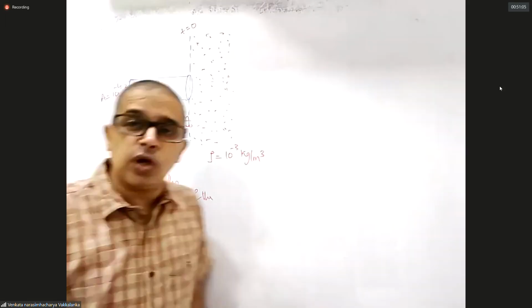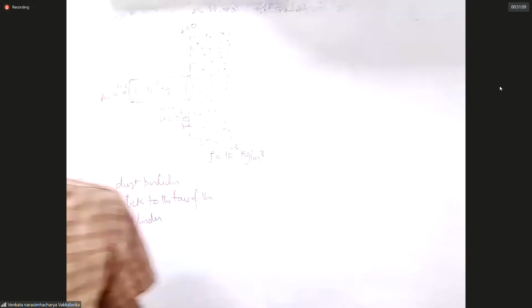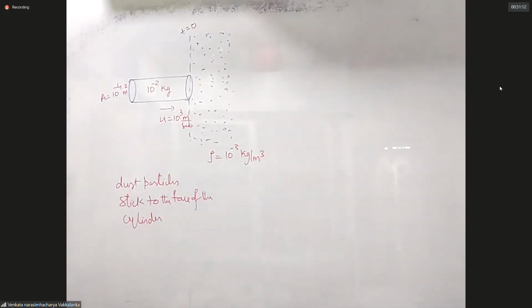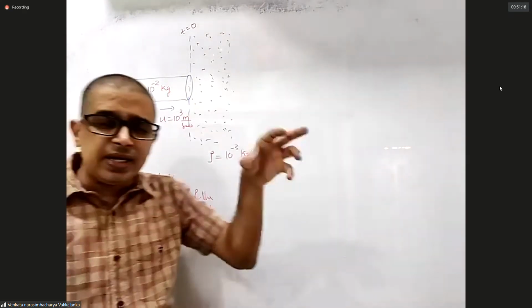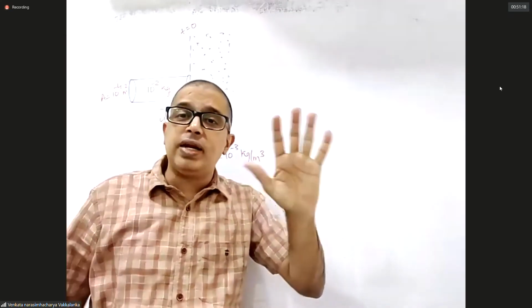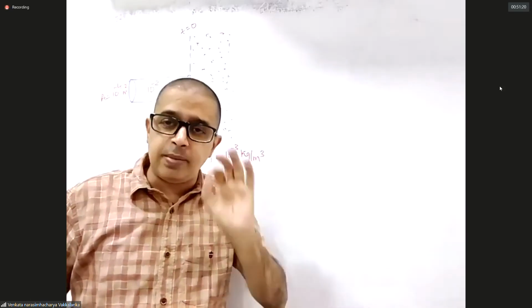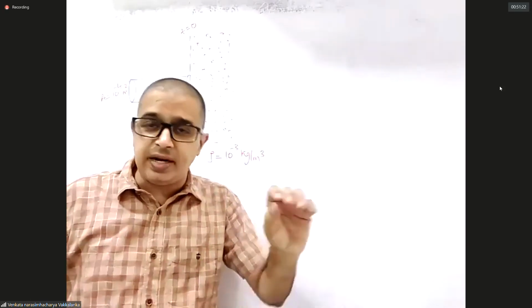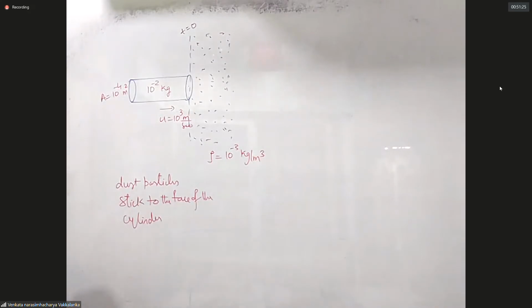If they stick, what kind of collision is it? Perfectly inelastic collision, right? Because the dust particles are sticking, don't assume the cylinder's shape is changing. Cylinder shape is assumed to be cylindrical all throughout, right?